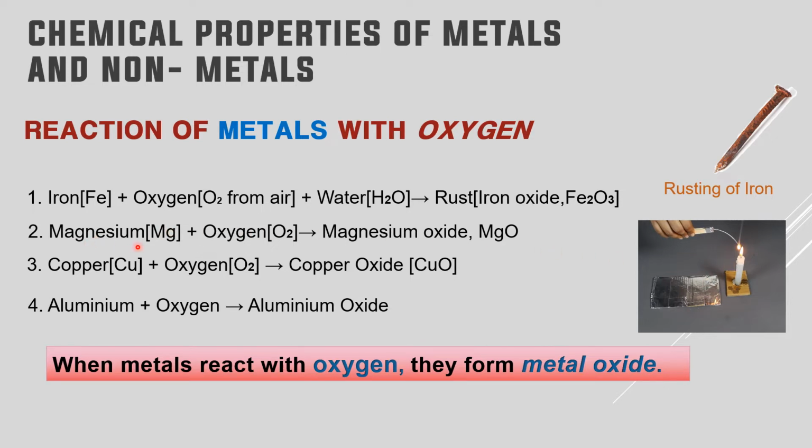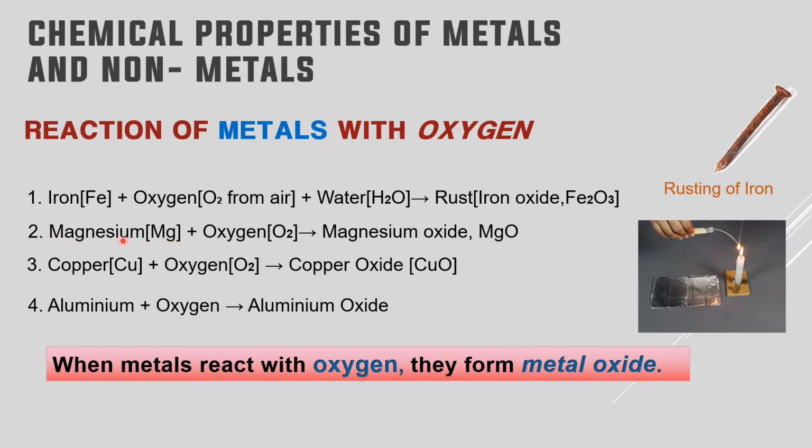Burning of magnesium means magnesium reacts with oxygen in the atmosphere. So magnesium plus oxygen gives magnesium oxide. Magnesium is represented as Mg, where M is a capital letter and g is a small letter.